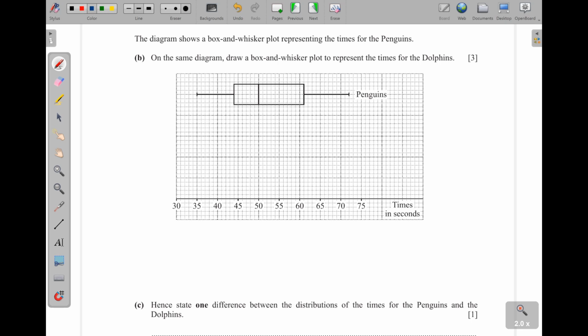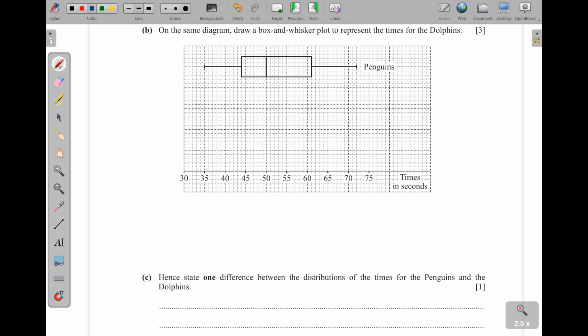Now we shall go to the dolphins, but then we need to find the median. Okay, for the dolphins, median is going to be, since there are 15 values, that means we are going to remain with one value in the middle when we cross from the extremes. Let's say I'm having A, B, C, D, E. You can see that these are 5. It's an odd number. So when I cross from the extremes, 1 is remaining in the middle.